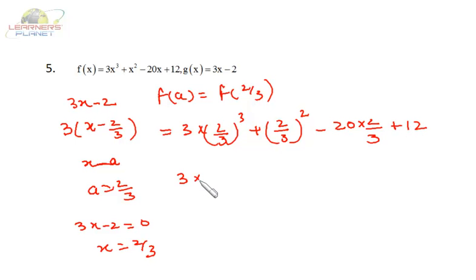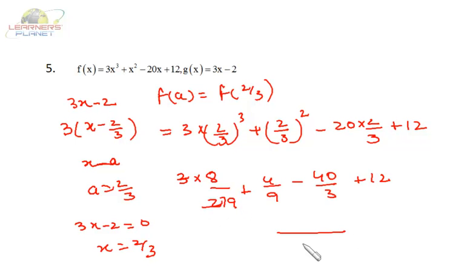So it is 3 into 2 cube is 8 and 3 cube is 27, plus 4 by 9 minus 40 by 3 plus 12.